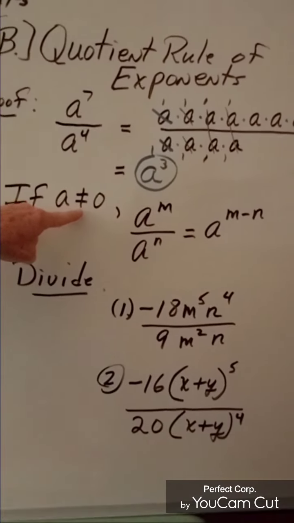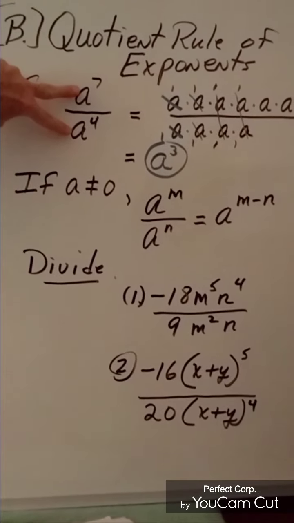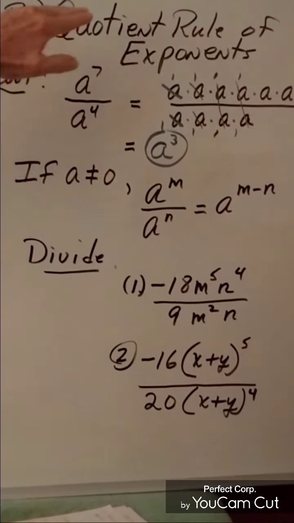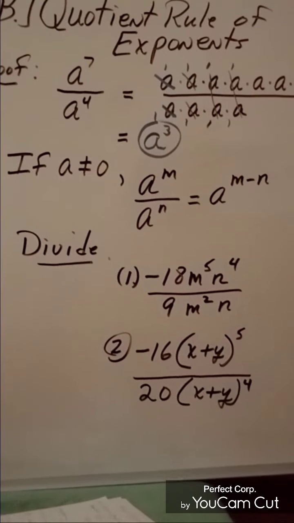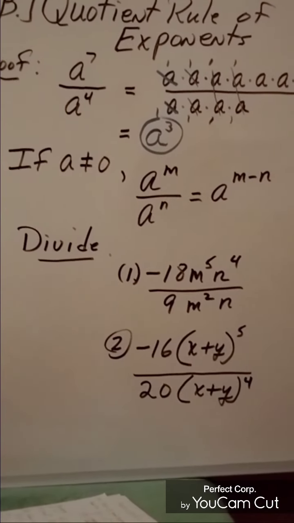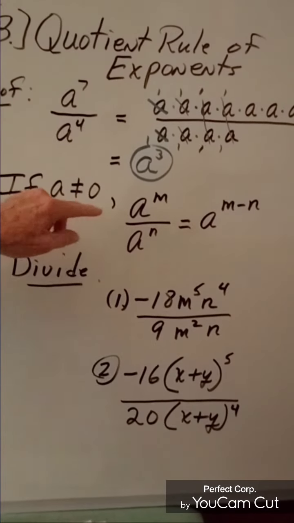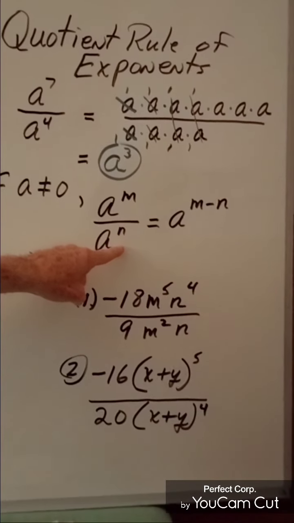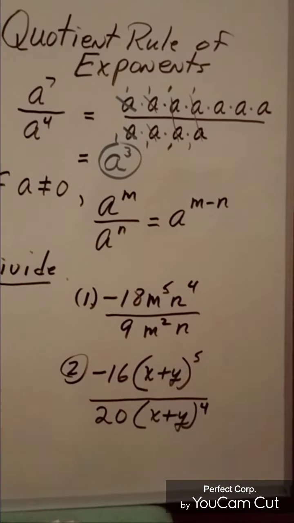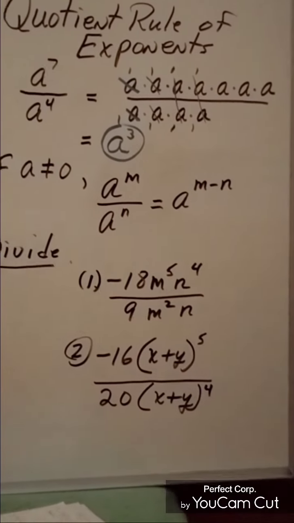If a does not equal 0, a cannot be equal to 0 for this quotient rule of exponents to work. a must be non-zero. If a does not equal 0, the quotient rule says a to the m divided by a to the n will always be equal to a to the m minus n.